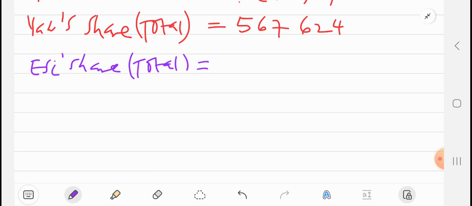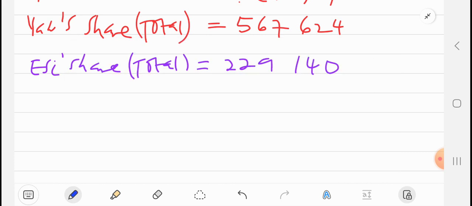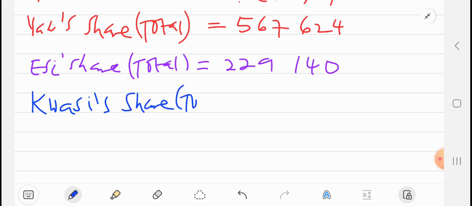So S's share, it's just going to come from the ratios, which is 229,140. Then we have the next one, which is Kwasi. Kwasi's share, the total.